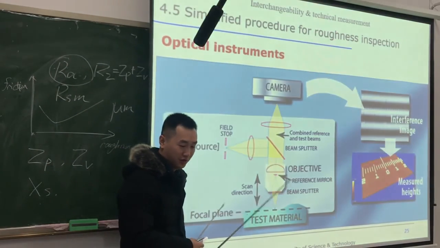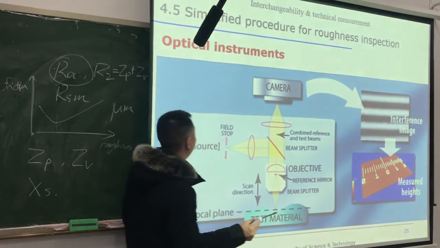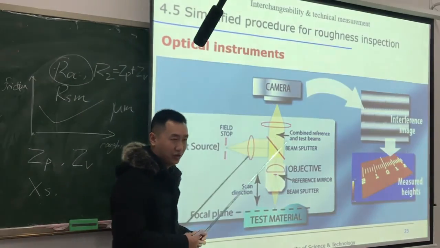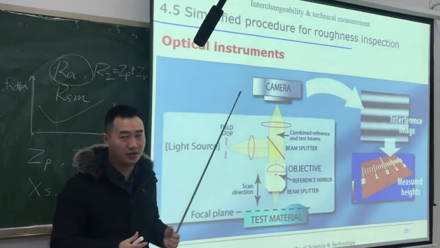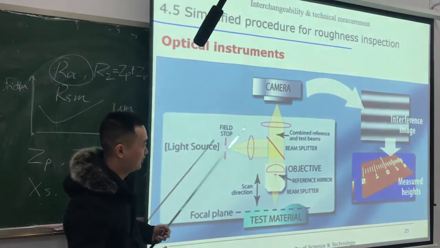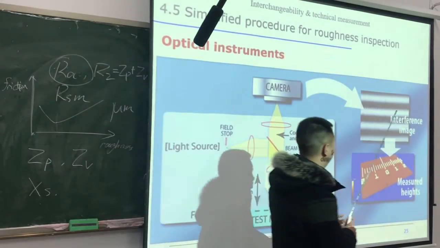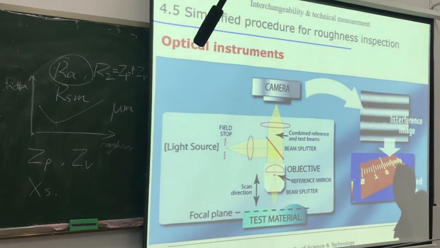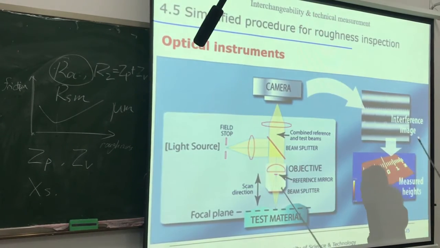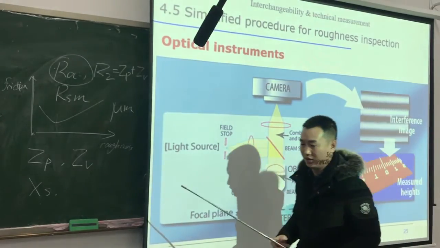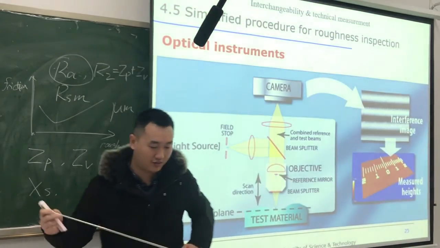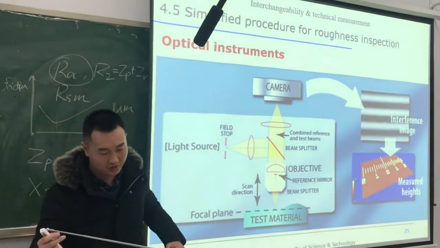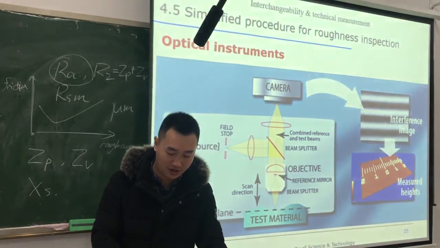The next one is that we can also use optical instruments to measure it. It does not require a probe, just uses graphic measurements to measure the surface of the test workpiece, and it will normally generate a picture, and it can also get the roughness parameters automatically.